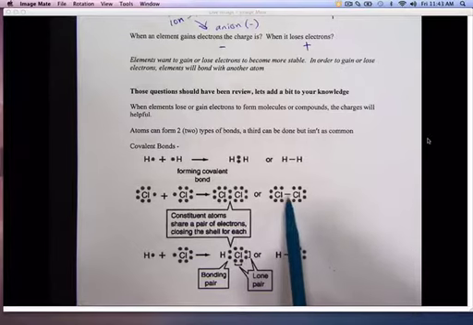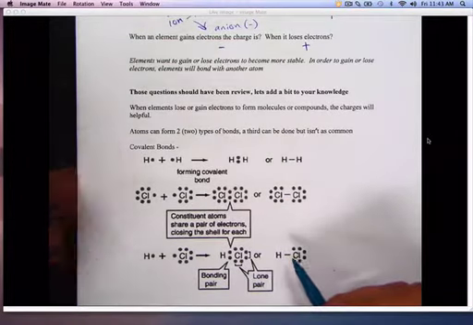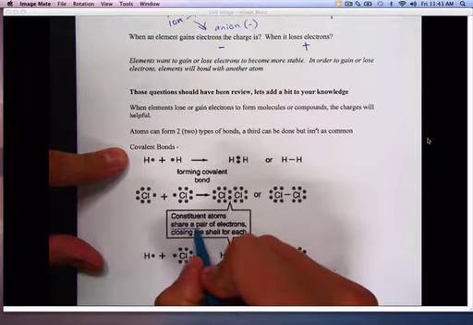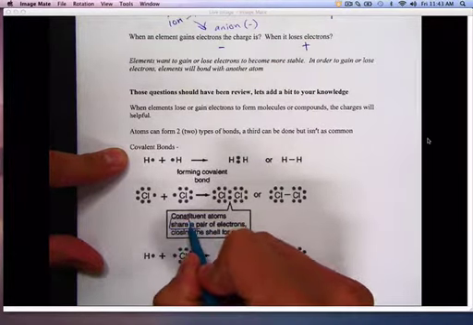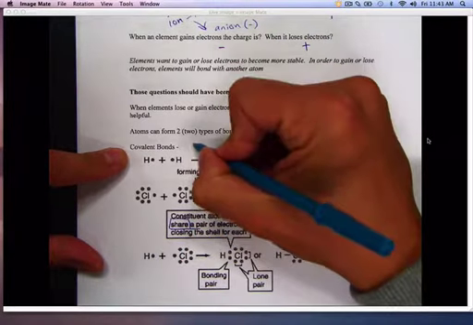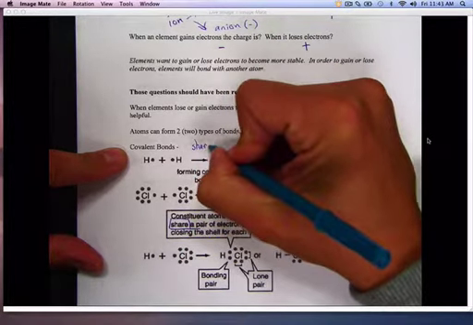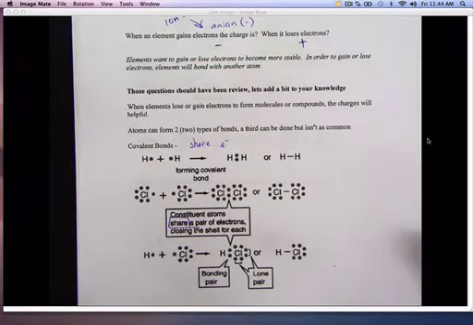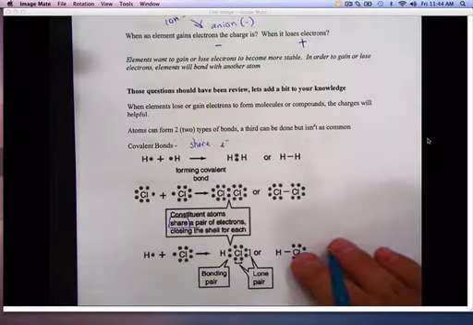That bond consists of 2 electrons. So the key word for a covalent bond is they're going to share electrons, not always sharing them equally though, and we'll get more into that later. When you share electrons in a bond to make a compound, that is a covalent bond.